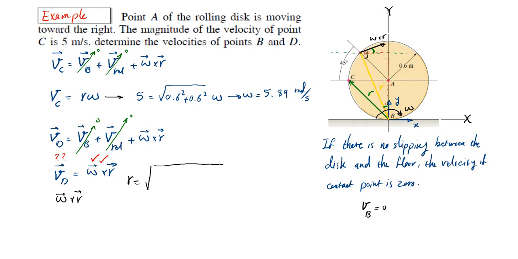So I'll write it this way: the square root of 0.6 plus 0.6 cosine 45 degrees squared, plus 0.6 sine 45 degrees squared.